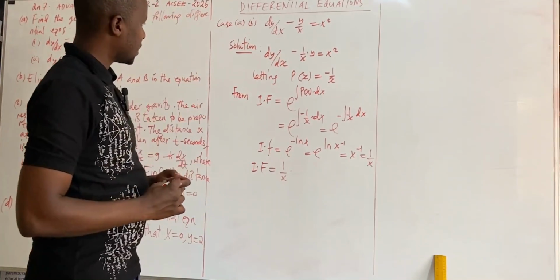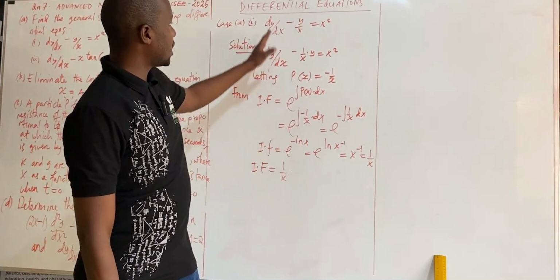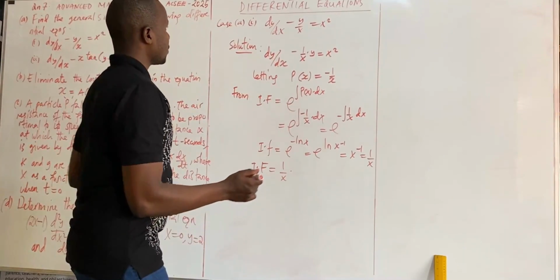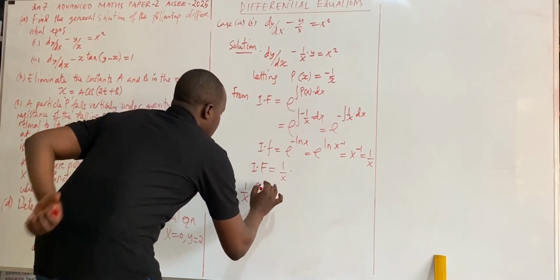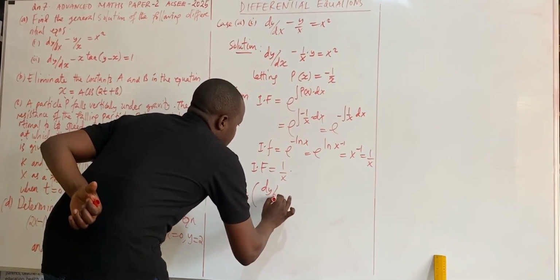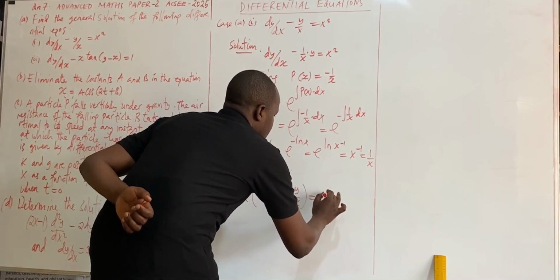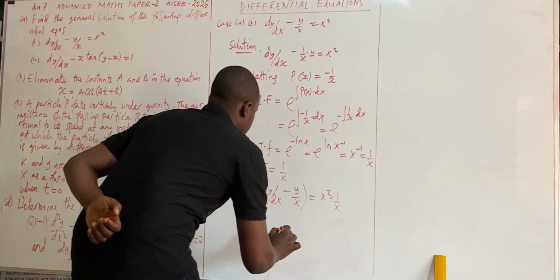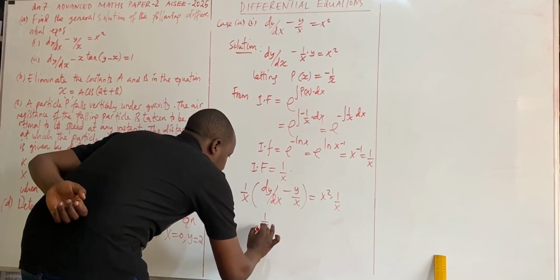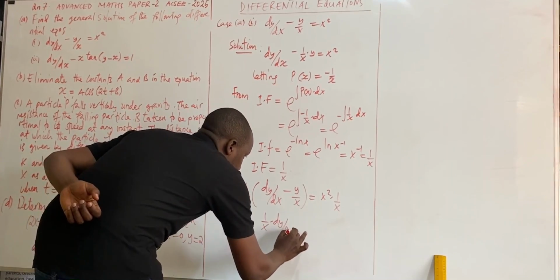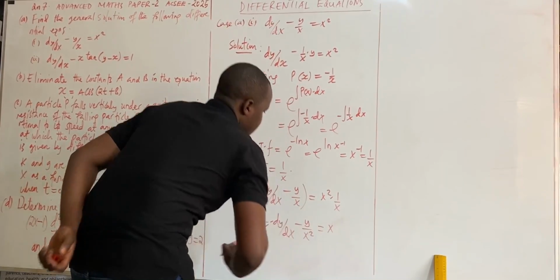Now after getting the integrating factor, we multiply by this integrating factor both sides of the differential equation. So this becomes 1 over x times dy dx minus y over x equals x squared times 1 over x. So here it is going to be 1 over x dy dx minus y over x squared equals x.